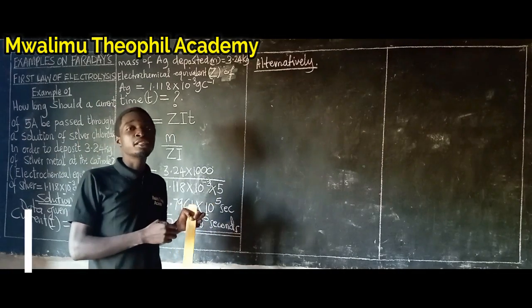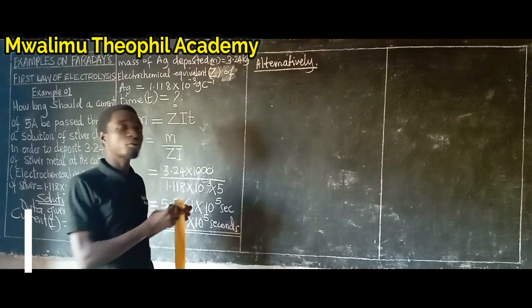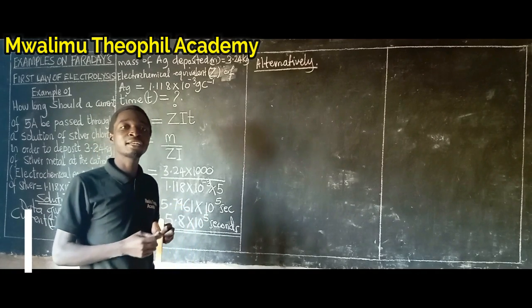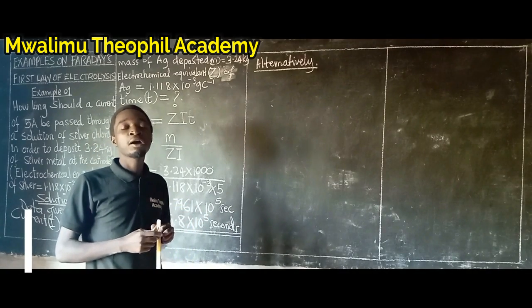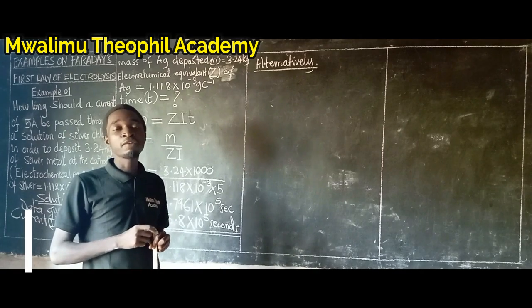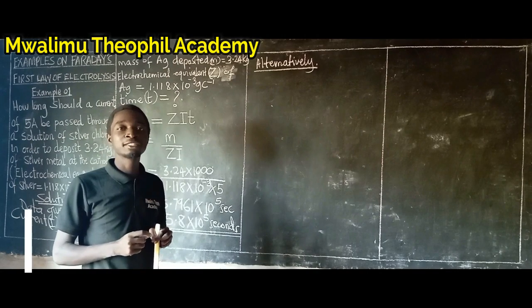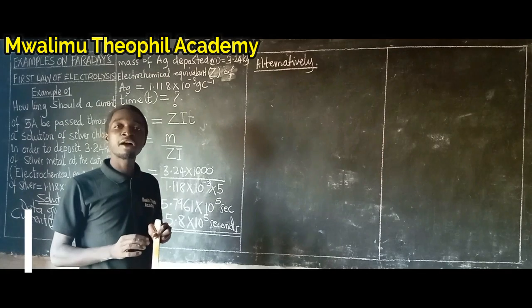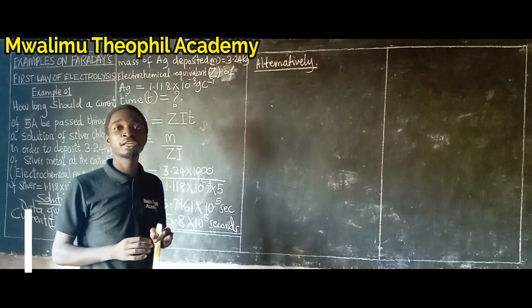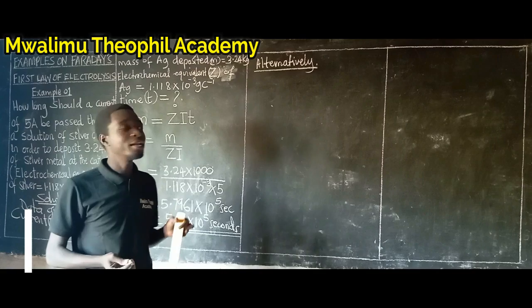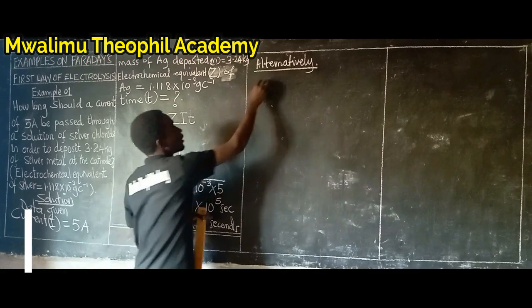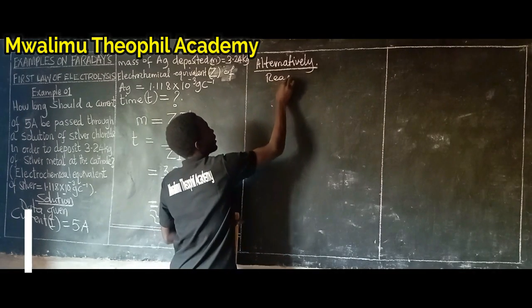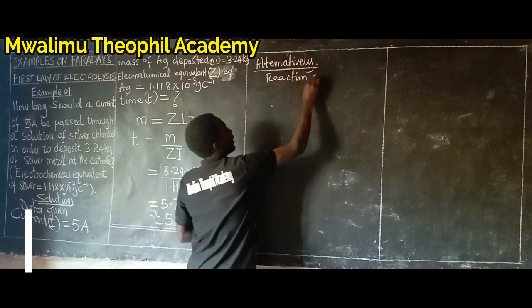As we know, in the electrolysis of silver chloride at the cathode, silver ion will be deposited. If silver ion is going to be discharged, it means that it is going to be reduced. Silver ion is reduced at the cathode and becomes silver metal. Let us see its equation. Reaction at cathode.